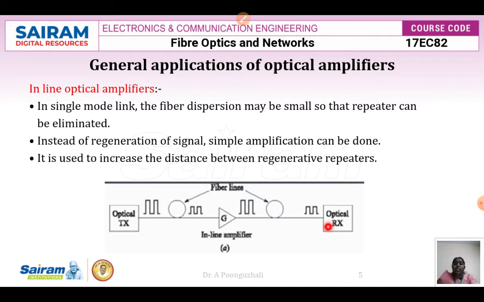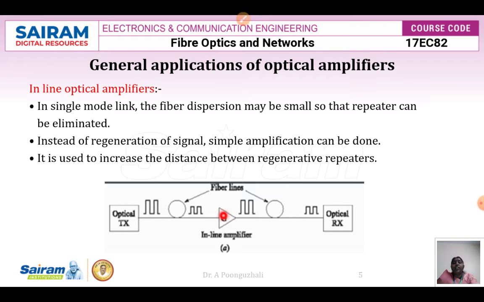When I use the inline amplifier, the fiber dispersion is very small, so the repeater can be eliminated. In a single mode link, if the fiber dispersion is small, then the repeater can be eliminated.